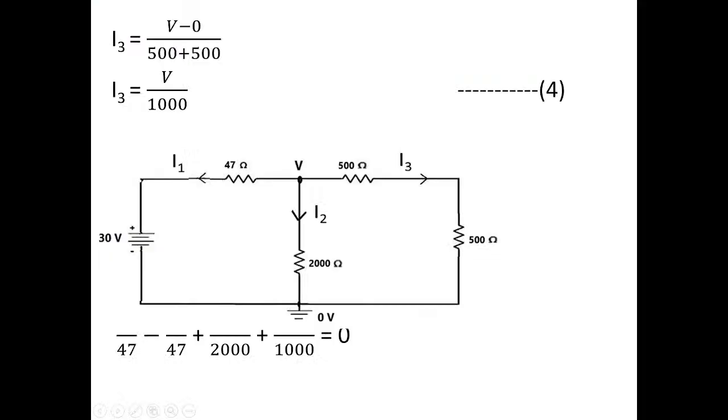So for the I3 current, it is the same circuit. I3 is flowing from V in this direction. It has started from V and will travel up to here.